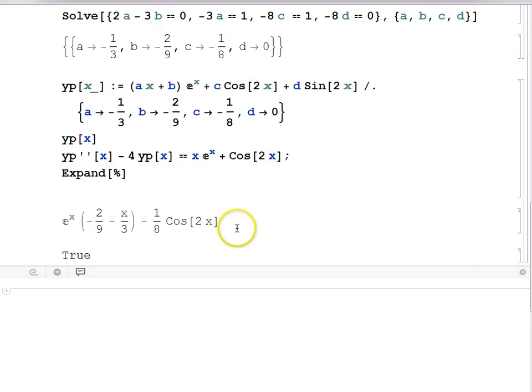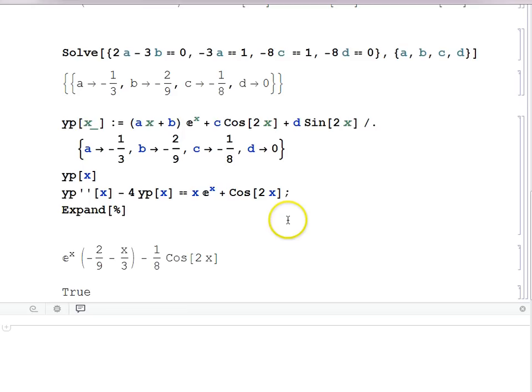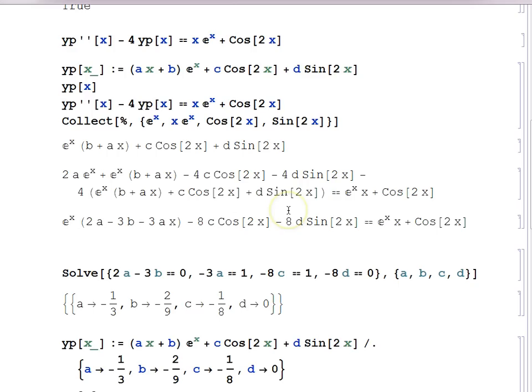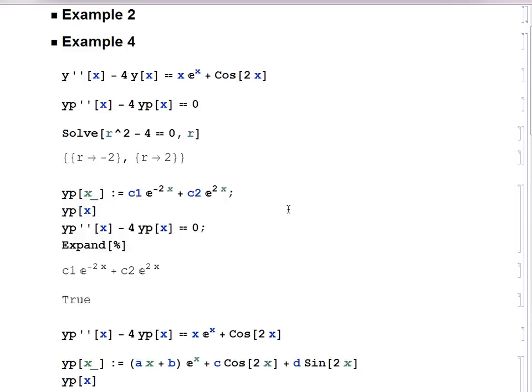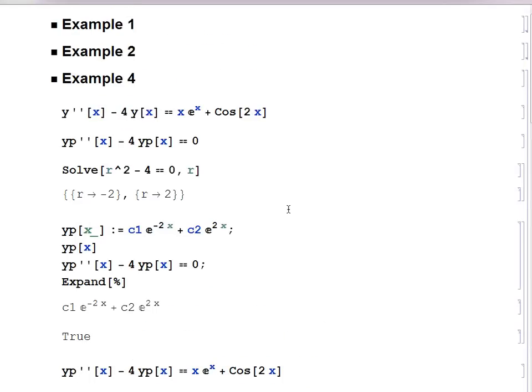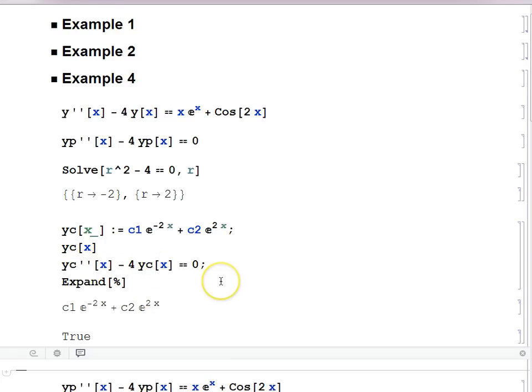All right, so I have my particular solution, and I have my, why was I calling that YP? This is all C. I want C there. C there. C there. There.